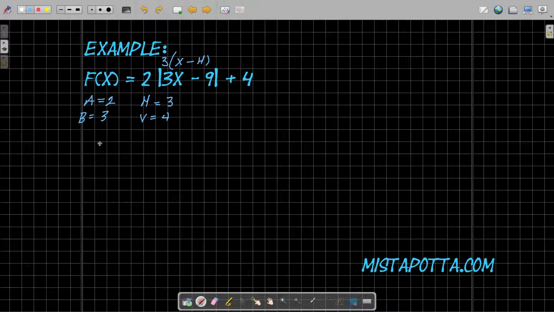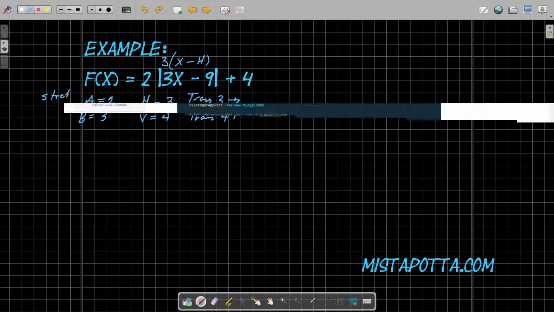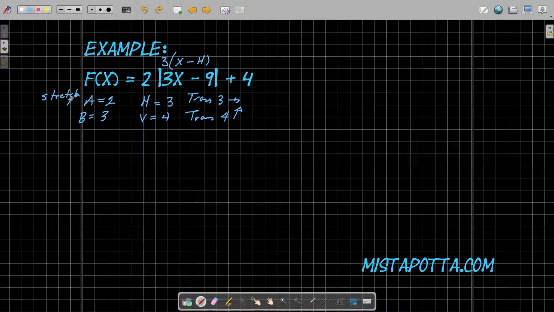So what does this mean? This means that we have a translation 3 units to the right, and we have a translation 4 units up. Here, because a equals 2, we're having a stretch vertically.